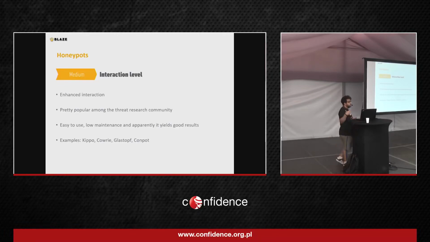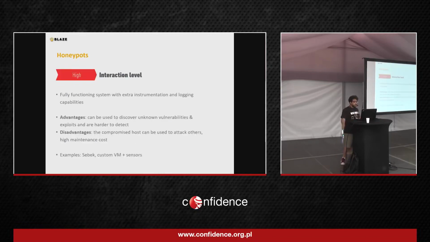And people use this to lure attackers in to attempt different attacks and try to observe them. And high interaction honeypots are usually fully functioning systems with extra logging or instrumentation capabilities to gather information.